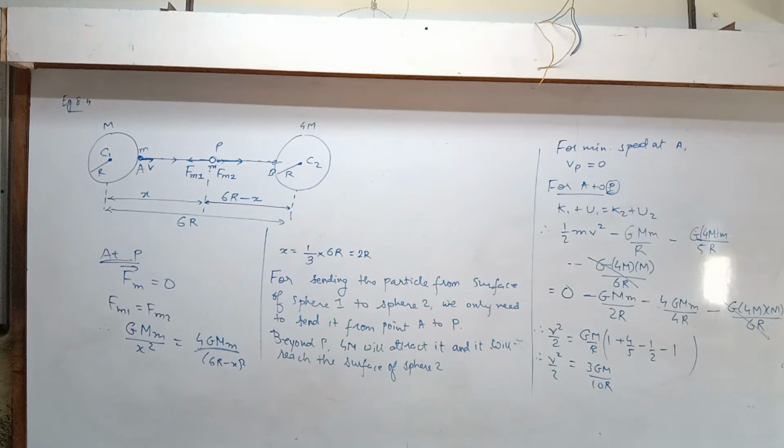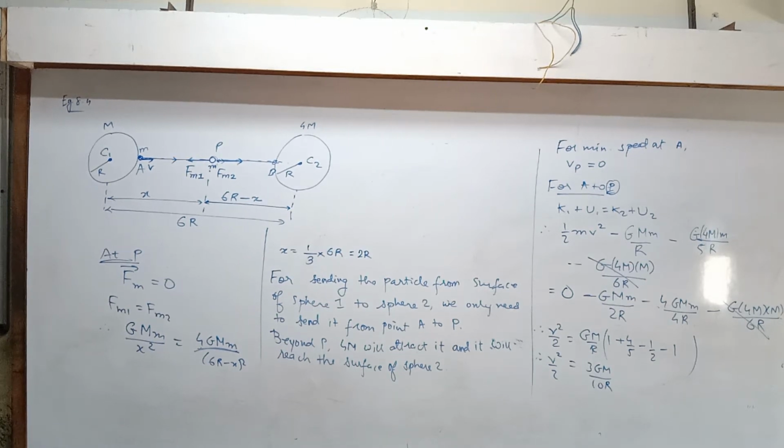8.5. The planet Mars has two moons, Phobos and Deimos. So first question, Phobos has a period of 7 hours 39 minutes. So the time period of Phobos is given. First part, question 1.